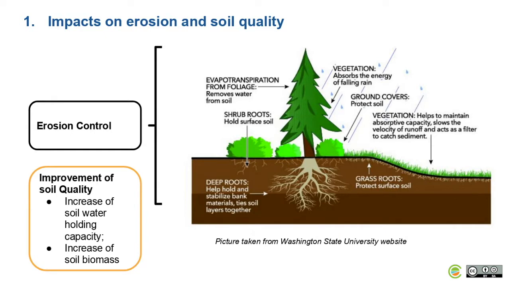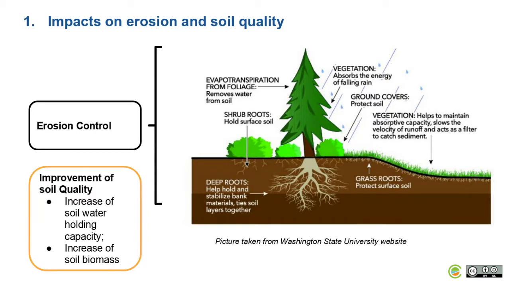Grass roots, for example, are not very deep, and they protect the surface ground layer. The tree roots can be very deep, and they allow good consistency between the different layers of the ground.